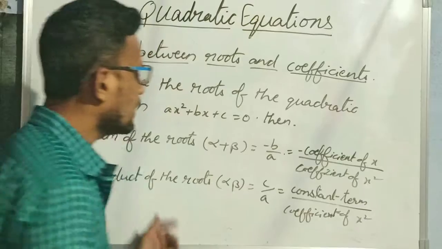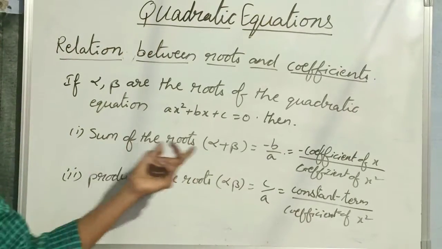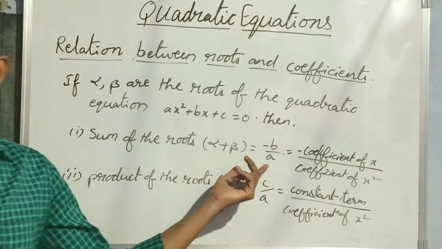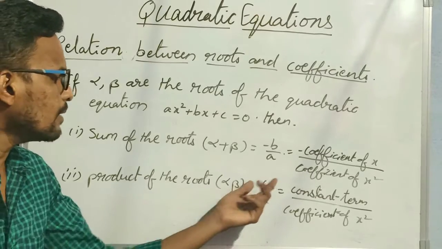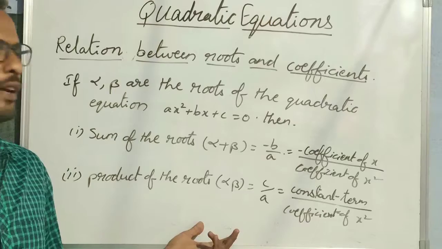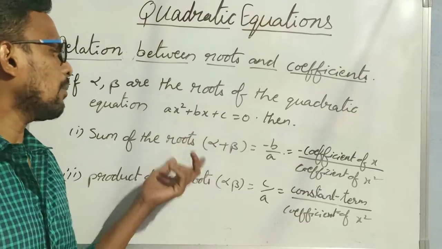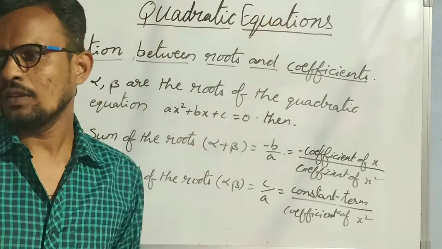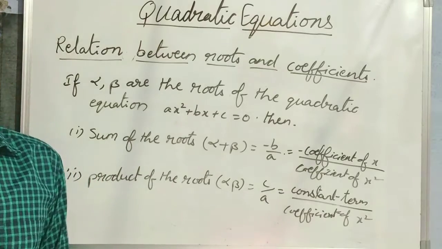Understood? So what is the sum of the roots? The sum of the roots formula is minus b by a, and the product of the roots formula is c by a. Very, very important. Whenever we keep in mind these two formulas, then we can do every problem very clearly.